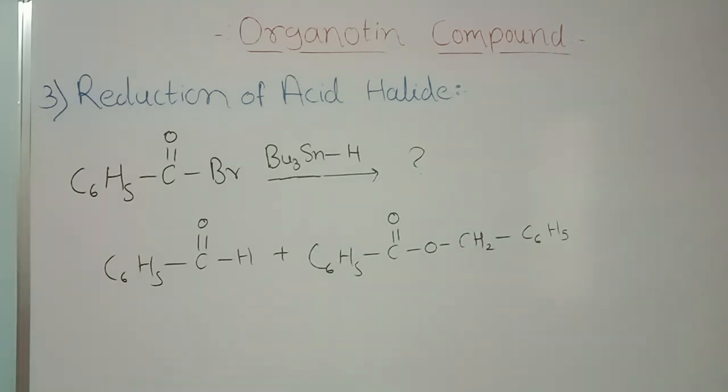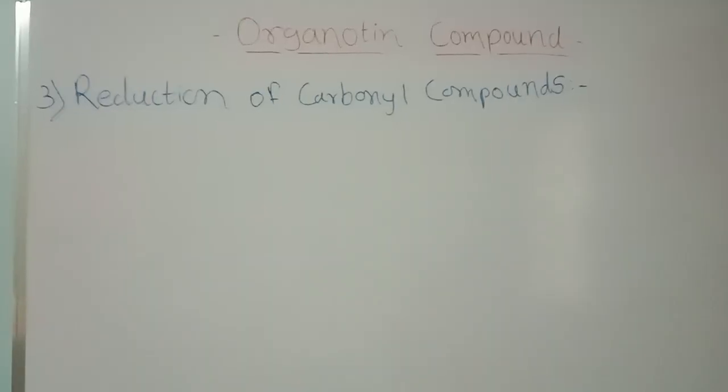Now we discuss the next application, reduction of carbonyl compounds using tributyl tin hydride. When the carbonyl compound is reduced, then we get alkoxide. This alkoxide reacts readily with water or another protic solvent, which gives alcohol.